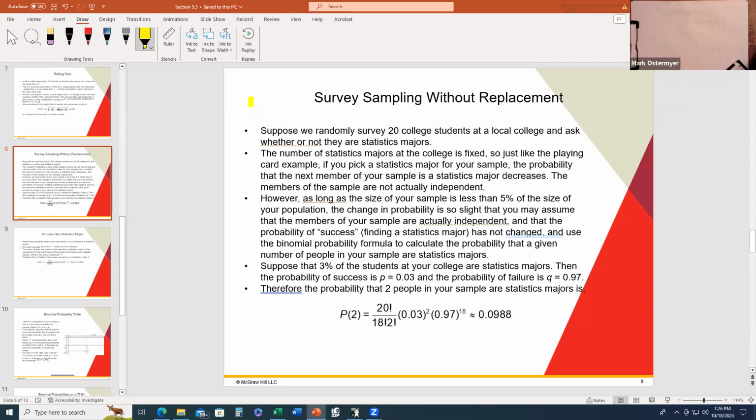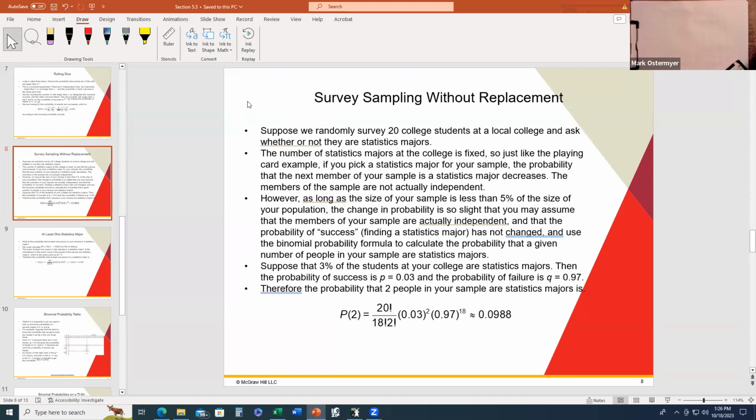If I randomly select 20 students for my sample, despite me not putting the person back in and pulling out another person, despite having not conducted this experiment with replacement, would these subsequent trials still be classified as independent trials? If my sample size is 20, and my population size of the university is like, what did I say, 20,000 or 50,000? I forget what it was.